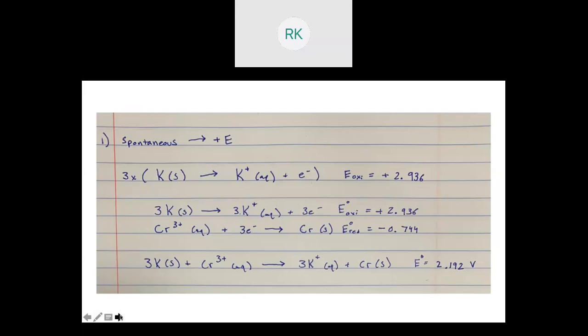Okay? And so to know what that true N value is, you have to make sure that you multiply the equations by the respective coefficients so that those electrons do cancel out. Okay, and then it's that coefficient when they cancel out that is your N value.